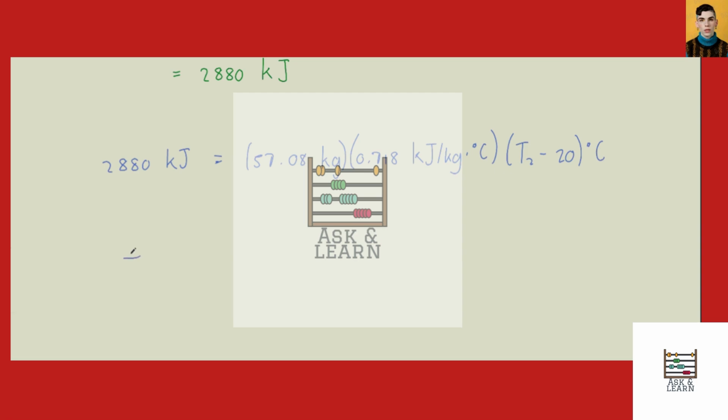So if we rearrange this equation, we can find the final temperature of the room in the evening, and T2 is equal to 90.3 degrees Celsius. So we note here that the fan actually causes the internal temperature of the confined space to rise.